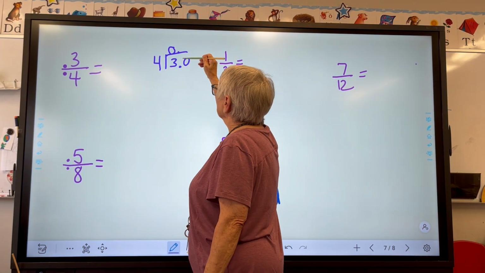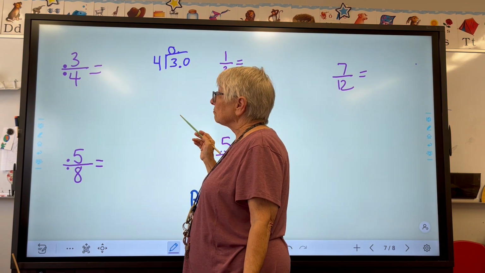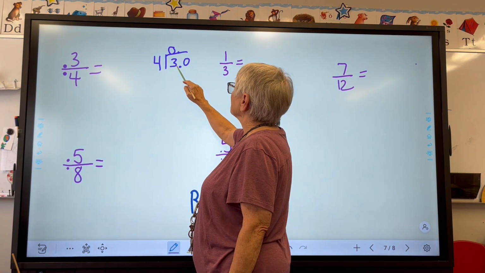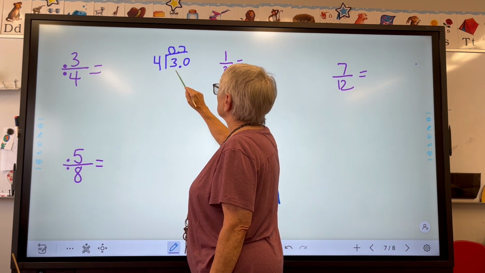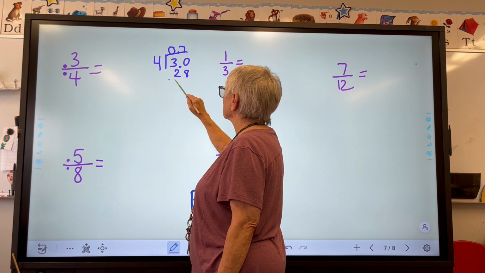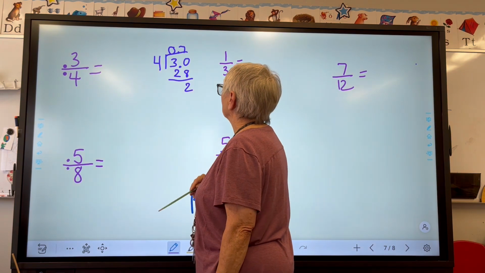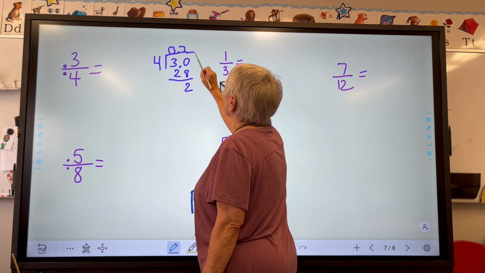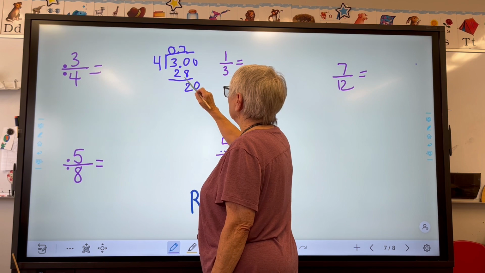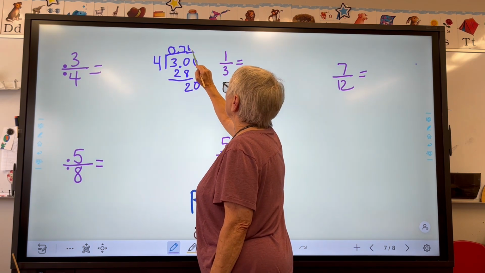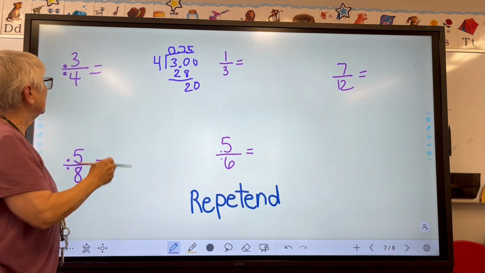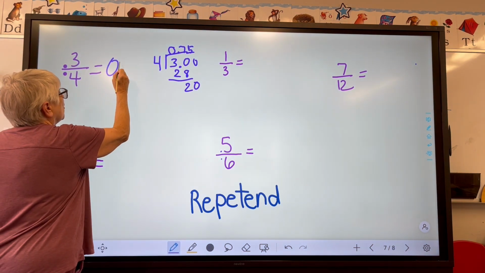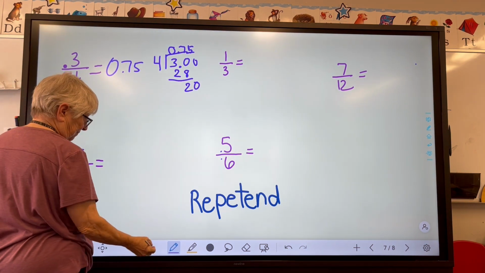And I can add a 0 and it doesn't make any difference. 4 goes into 3 0 times, it goes into 30 7 times, which is 28. 4 times 7 is 28 with a 2. Now I add another 0, bring it down. 4 goes into 20 5 times. So this one turned out to be 0.75.